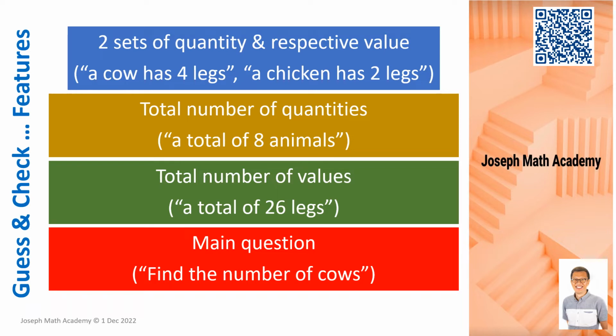Besides knowing the total of the quantities, we usually are given the total number of values. In this case, the total number of values refers to the total number of legs. And the main question would be to find the number of cows. They can also ask you to find the number of chickens in the farm.